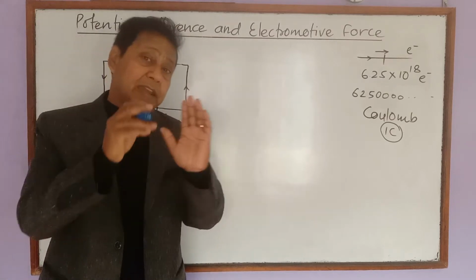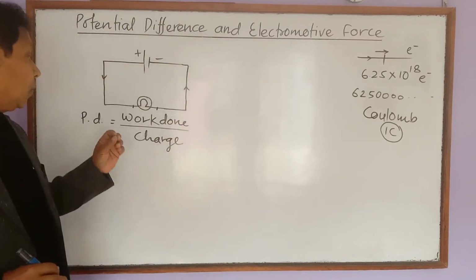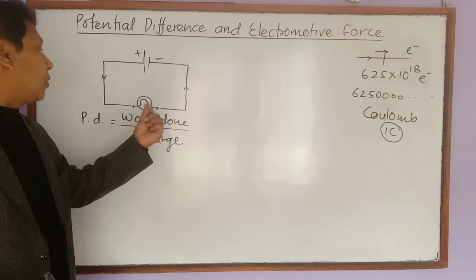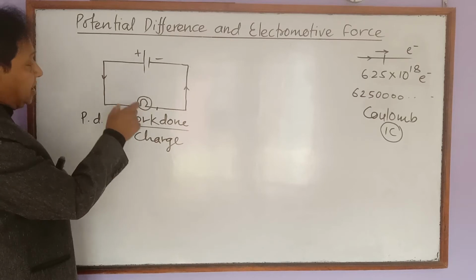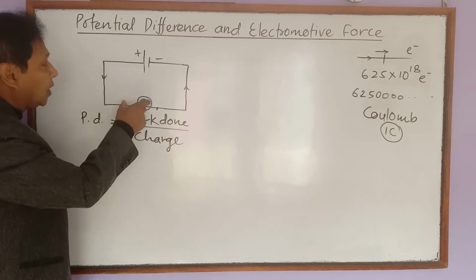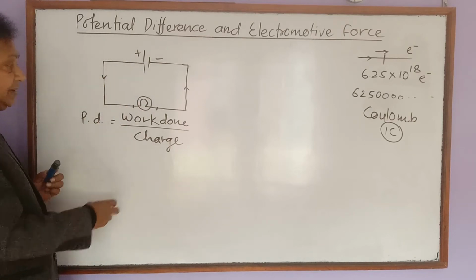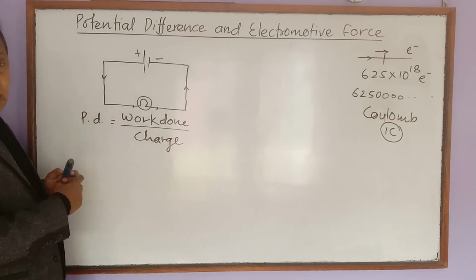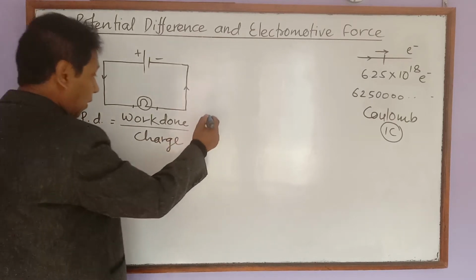Potential difference between any 2 points of a circuit is equal to the work done by the flow of 1 coulomb charge between those 2 points. If we want to measure the potential difference between these 2 points, then how much work is done between them by the flow of 1 coulomb charge is measured. This is called potential difference and its unit is volt.